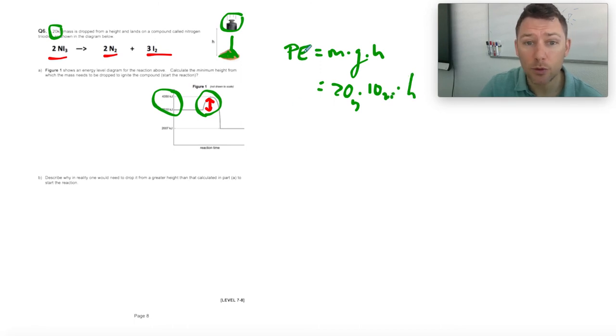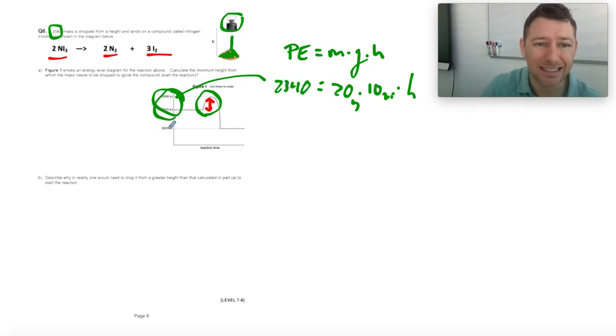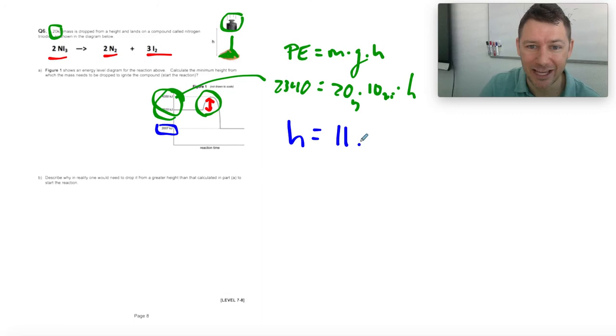But we do know the potential energy that it has to be this or greater. So we put that in there, and I think that's like 2,340. You solve for h. The only hiccup is that these are in kilojoules, not in joules, so the height ends up being something ridiculous like 11.7 kilometers instead of 11 meters, as you might think.